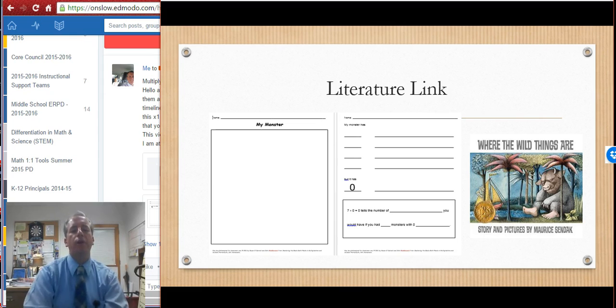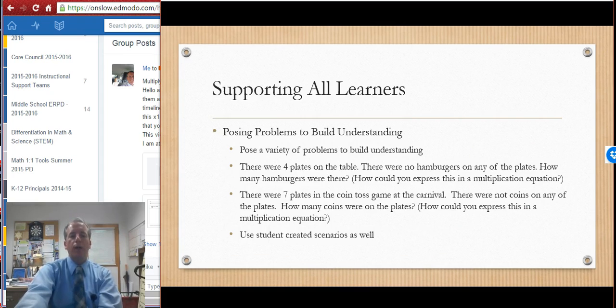So now we've got a class example, but we're going to ask them to build their own monster, and they're going to pull out what are the different features of my monster, what's the total number, and if I had multiples of these monsters, what would that look like? So now again, we've done kind of a group review of the multiplication. Now we're pulling it into some individual or small group work, and kind of creating a neat little book again to put together.